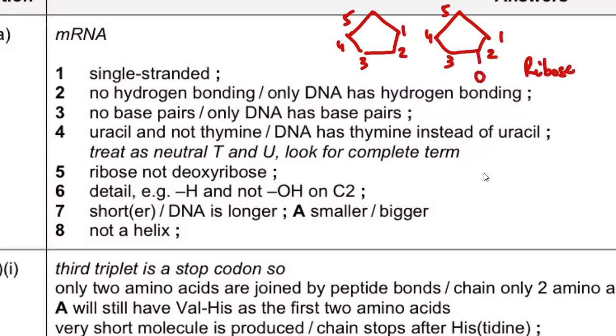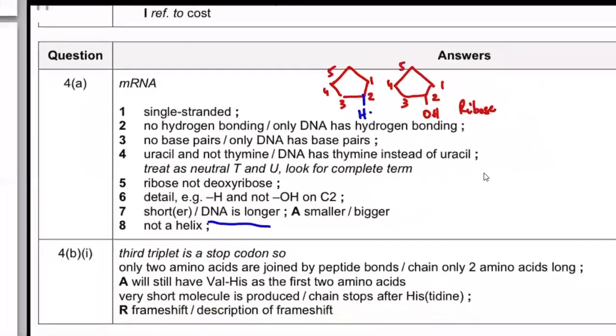Ribose has OH, whereas deoxyribose only has H. This is what they mean on carbon number 2. Is that understood? This is more detailed. DNA is longer and RNA is shorter. DNA is very long, RNA is not that long, right?